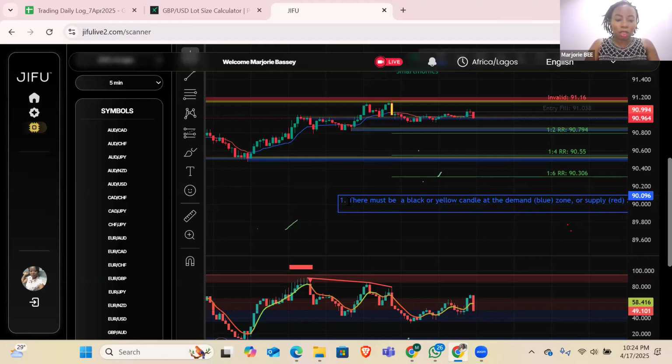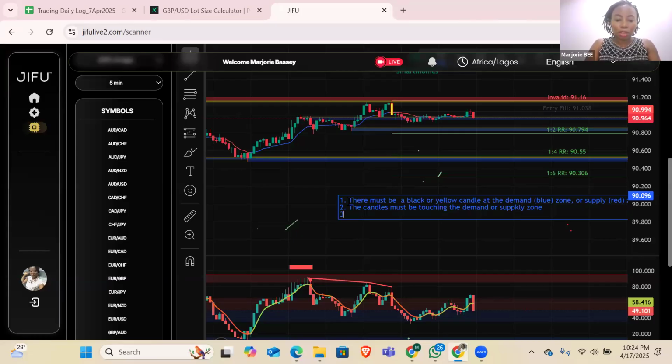That's the first confirmation. I'm typing it again so that it can be in one place and you can just screenshot it. And then the second one is that the candles must be touching the demand or supply zone.